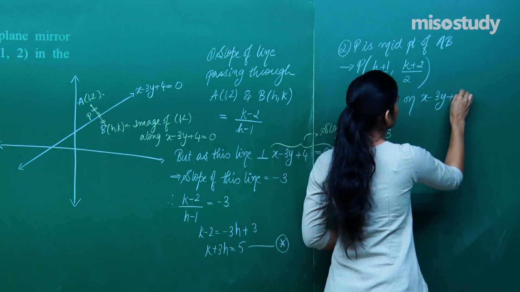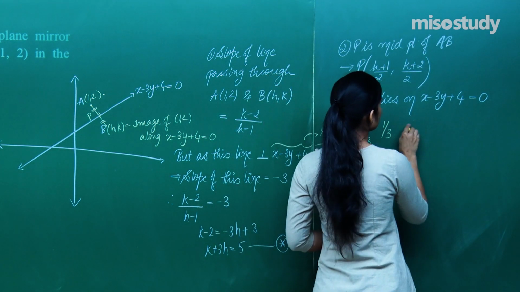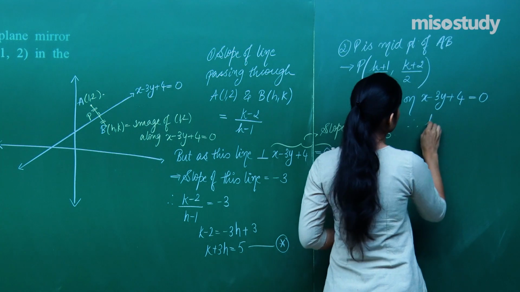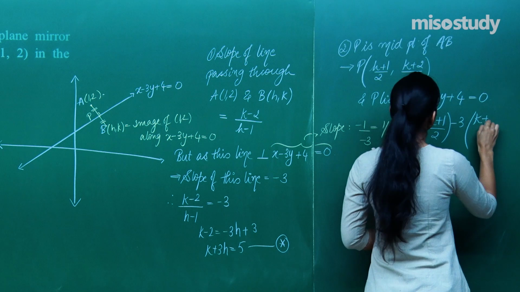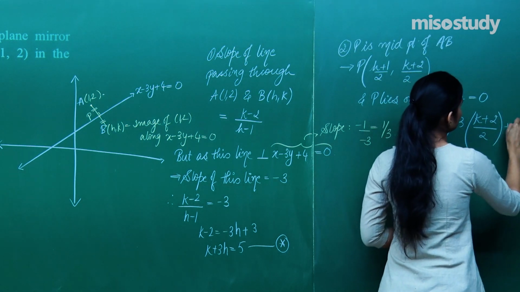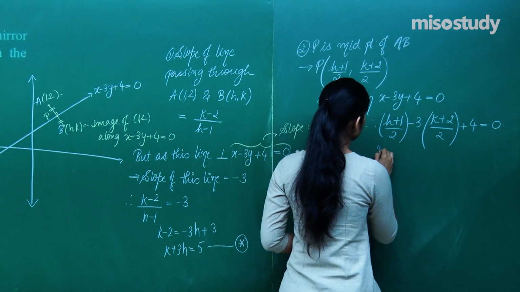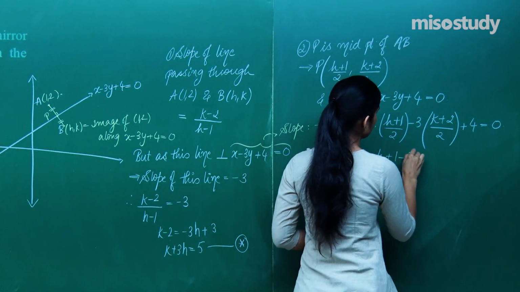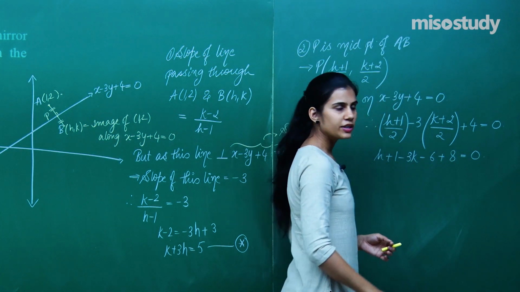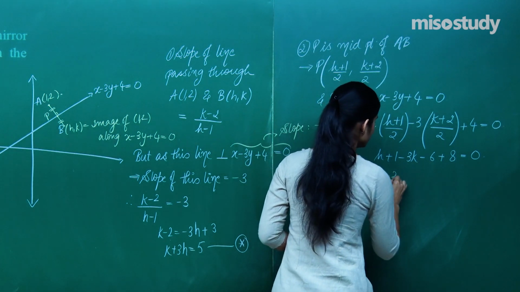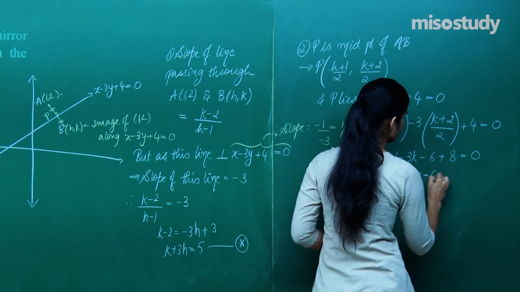So coordinates of P satisfy the equation of this line. So in place of x, I will put (h plus 1) whole upon 2, minus 3 times (k plus 2) whole upon 2, plus 4 equals 0. So eventually you get h plus 1 minus 3k minus 6 plus 8 equals 0. This gives you h minus 3k, 1 minus 6 is minus 5 plus 8 is plus 3 equals 0.